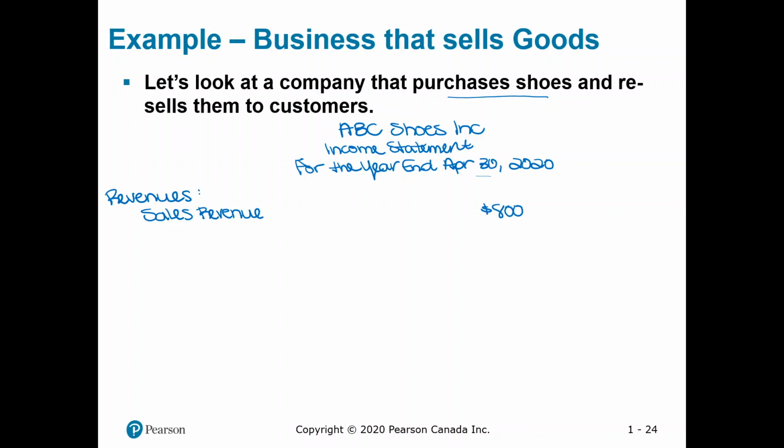And because we sell goods, we now immediately break out the cost of goods sold portion. So this is those direct expenses. So we've got our shoes that we're selling. So these are the direct costs of purchasing those shoes, and that's $600.